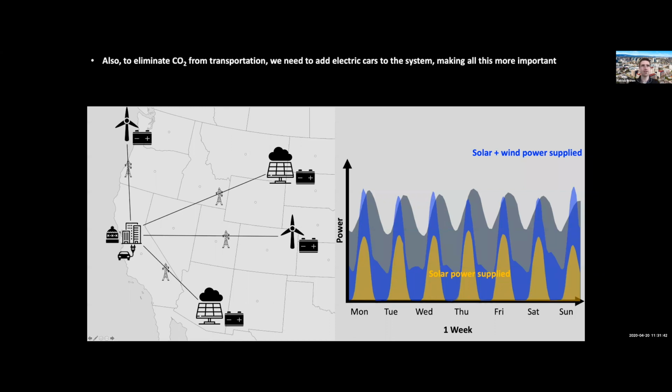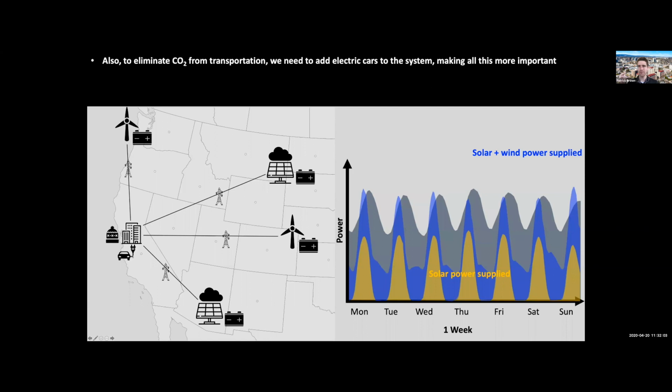So this is all just to say that this new system that we're talking about, that's not a fossil fuel system, has a bunch of challenges associated with it and has a bunch of engineering obstacles that need to be overcome. And then other things to consider are that we are trying to electrify transportation, right?